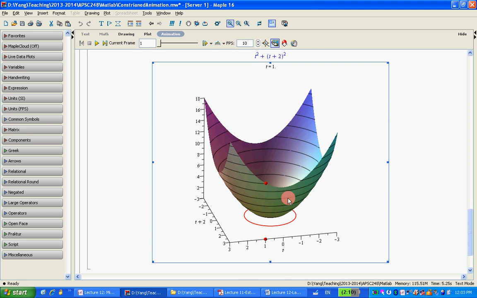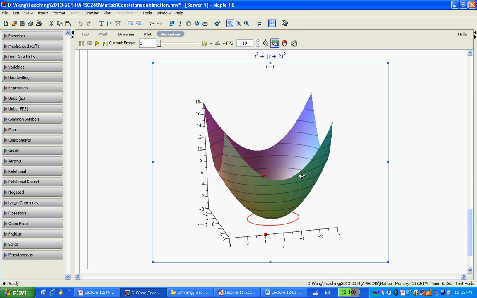Let's look at this easy case. This is the paraboloid that we illustrated some time ago. Here's my starting point. We're going to walk along a straight line, so g of xy is a straight line here.